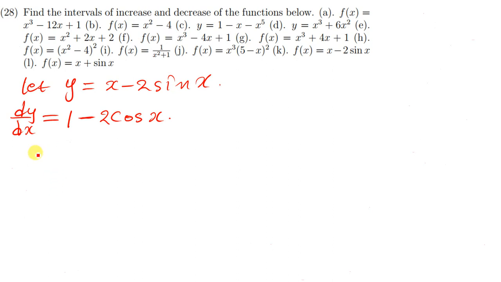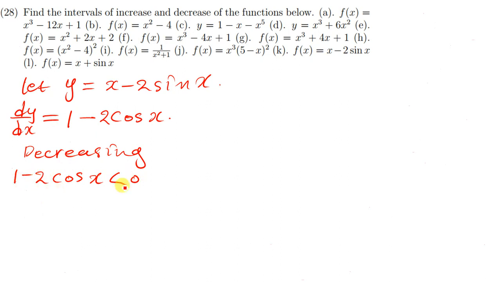Then how do we do that? First of all, let's consider this function to be decreasing. If the function is decreasing, then this whole expression 1 minus 2 cos x should be less than 0.